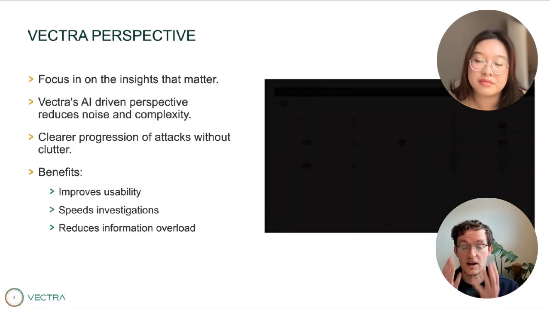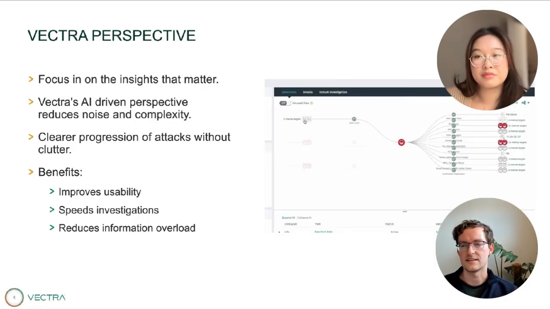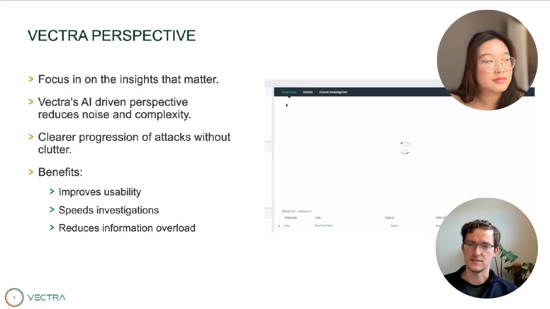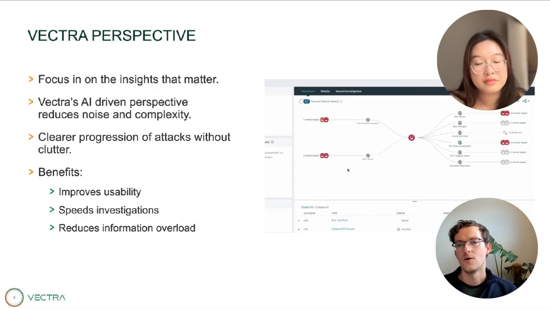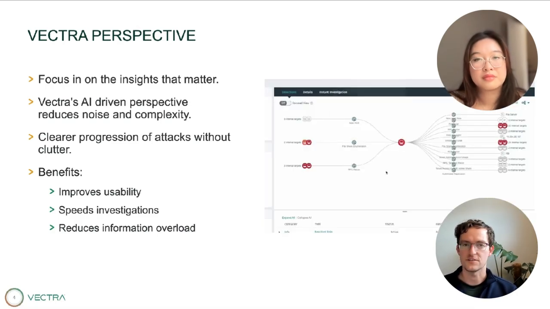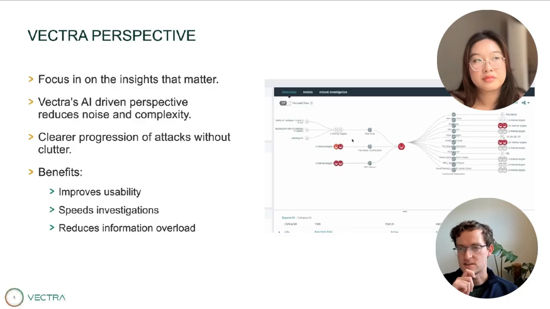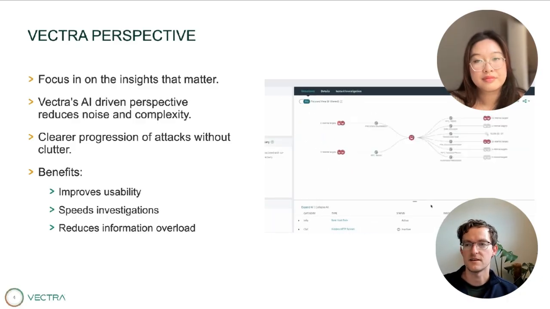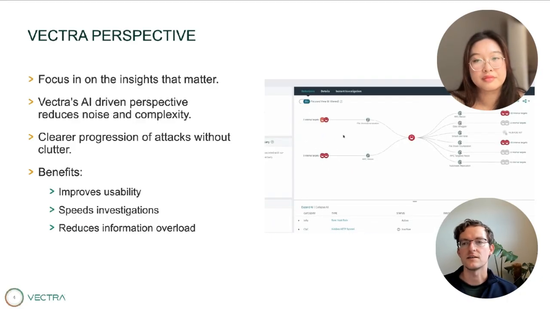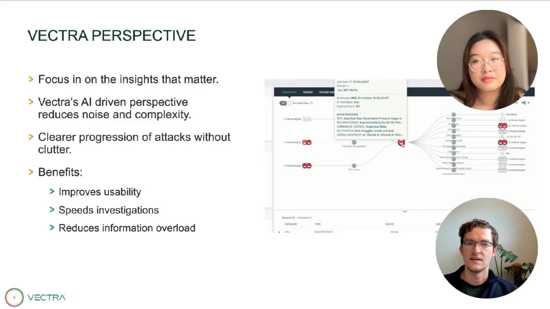It can get very tiring and it slows analysts down and causes them stress. So Vectra has defined an AI-driven perspective, a focus on what the analyst should look at first. There is more information. We present everything, but by default, we focus on the pieces that matter. It's all about giving you less so that you can look at what matters and then work it from there.